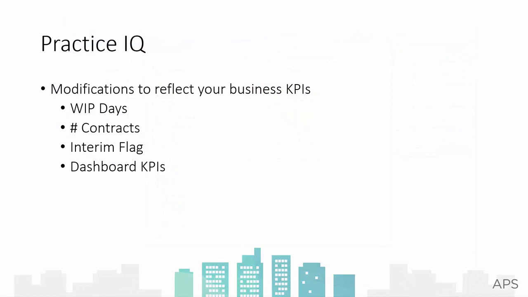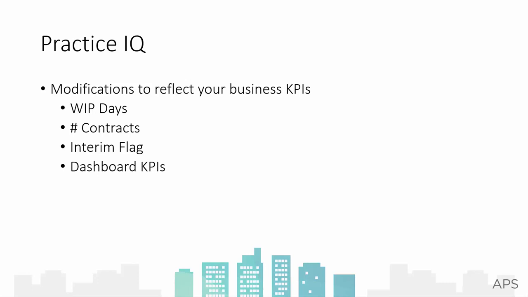Practice IQ. Practice IQ provides the opportunity for you to revisit your business KPIs. Changes will need to be made to reflect the impact of contract fees. WIP days, adjustment to exclude interim fees in this calculation. Introducing measures for the team to see how many contracts are being added and a percentage of fees from contracts.